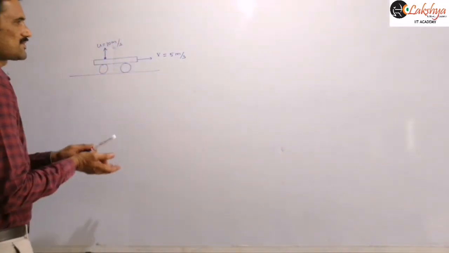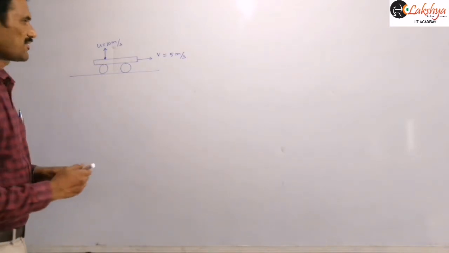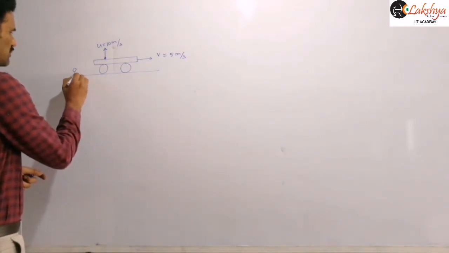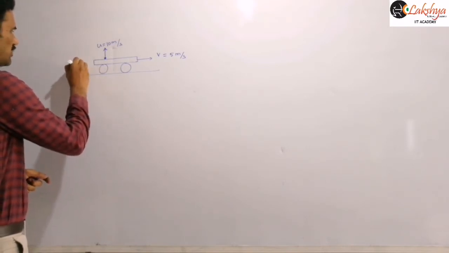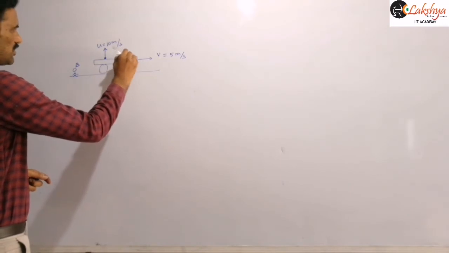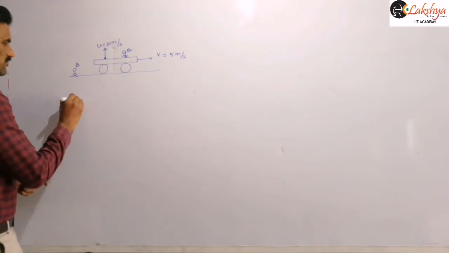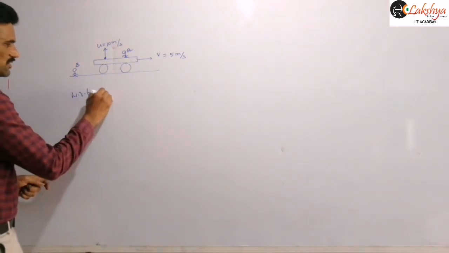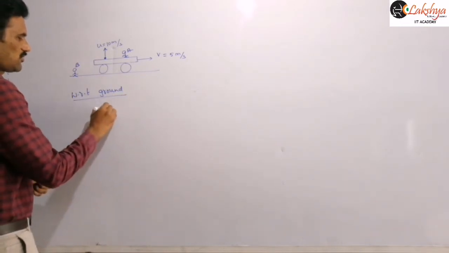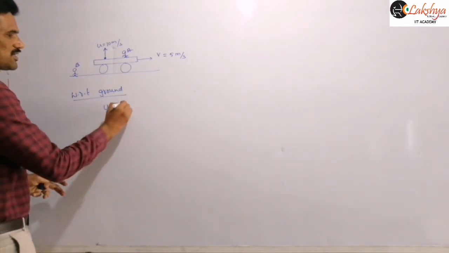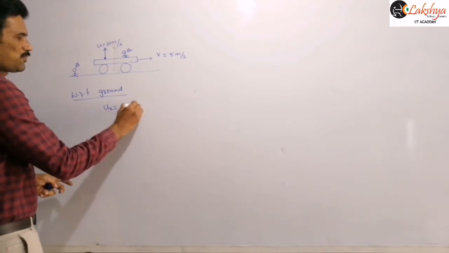Now you can write this like our previous discussion, you can write the horizontal and vertical components here. Suppose I am writing with respect to this object, that means with respect to the ground, let it be B as usual, and I am taking as an observer A. So with respect to the ground, horizontal component is 0 plus 5.